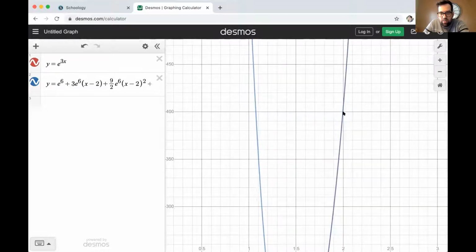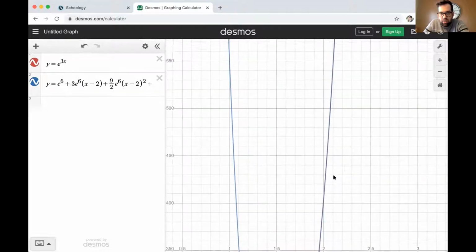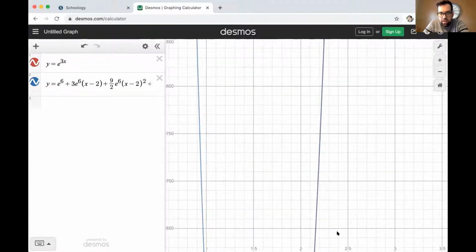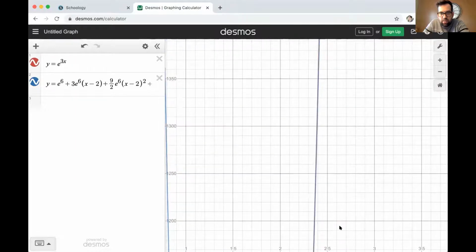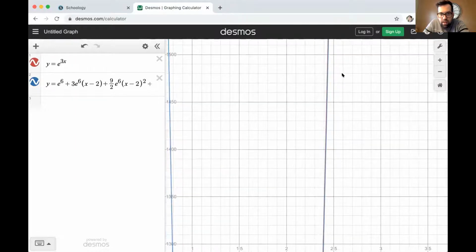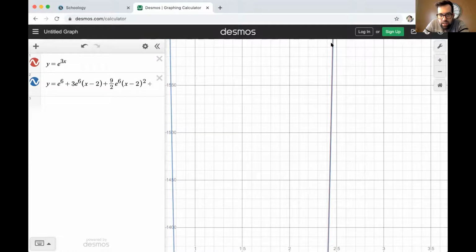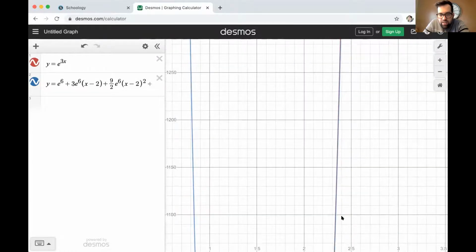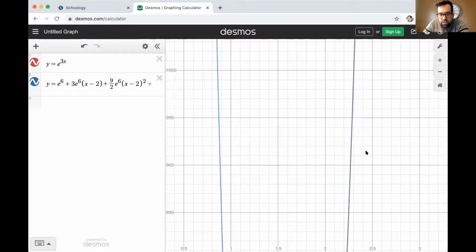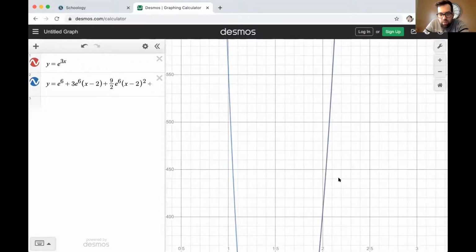You can see there, it's a pretty good match. They look like they completely overlap. And as I keep going up, it's going to be hard to tell, but the blue curve is not going to match the red curve as well the further I get away. You can see the red and the blue are starting to get away from each other. It's more obvious on the left side where it literally just kind of curves away from the red.